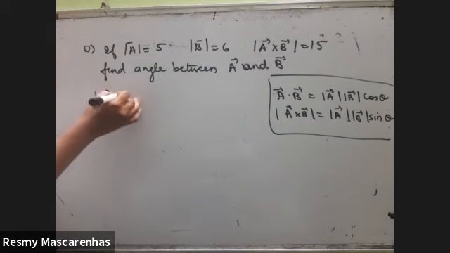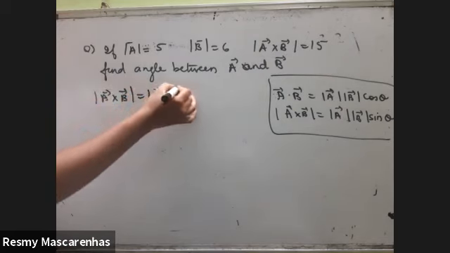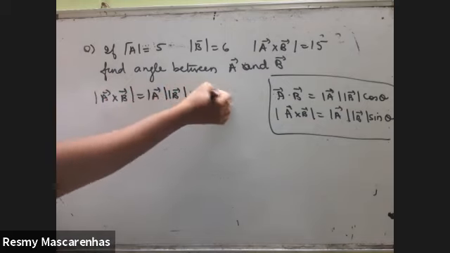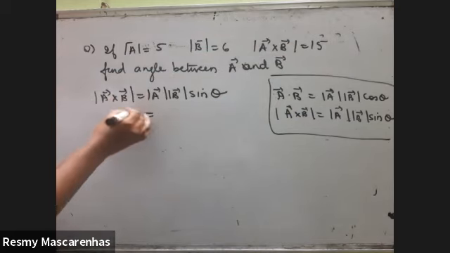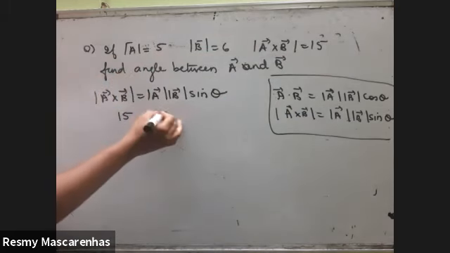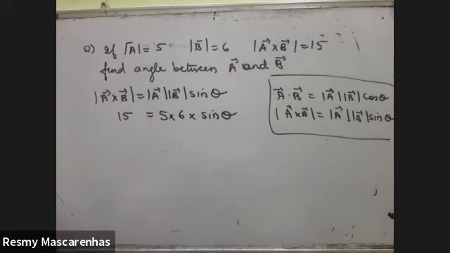So the formula is, you know that the magnitude of A bar cross B bar is AB sin theta. Now put the values. Magnitude is 15, A is 5, B is 6. So 5 times 6 is 30. The 30 will go on the other side.